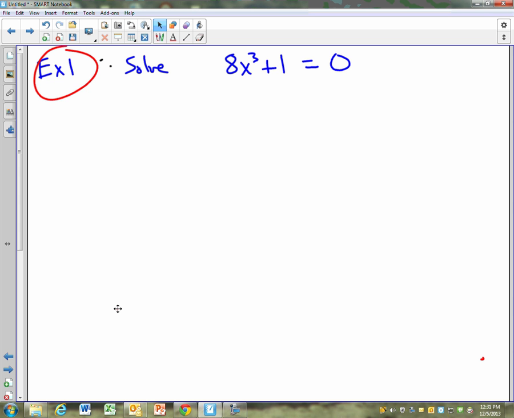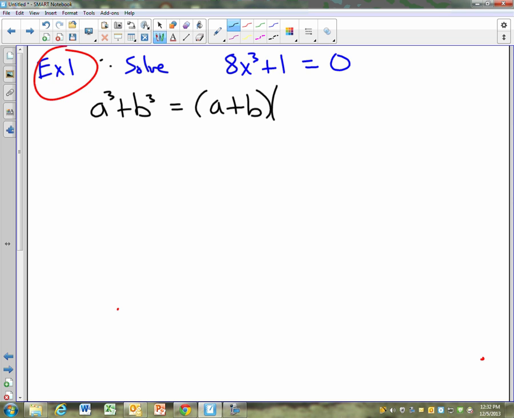I'm bringing up a factoring method you maybe haven't seen for a while, but do you recognize this factoring here? Very good. Sum and difference of cubes. I'll write them both down in case you need to know them again. If you have a^3 + b^3, that factors to (a + b)(a^2 - ab + b^2).